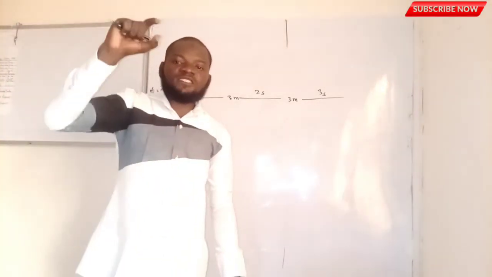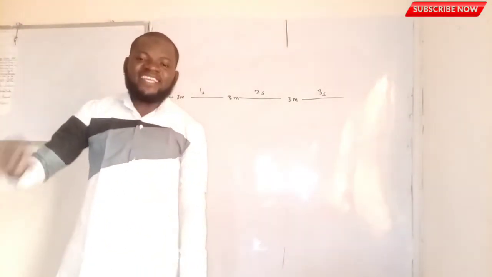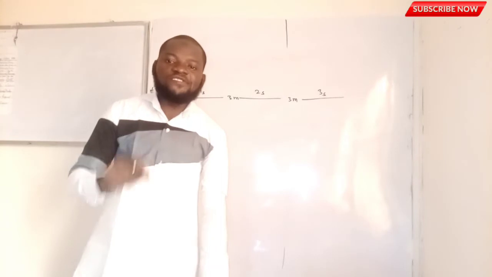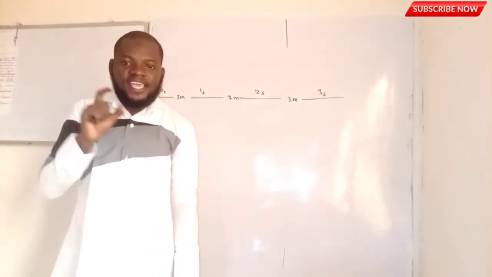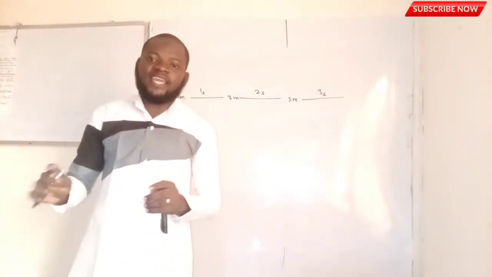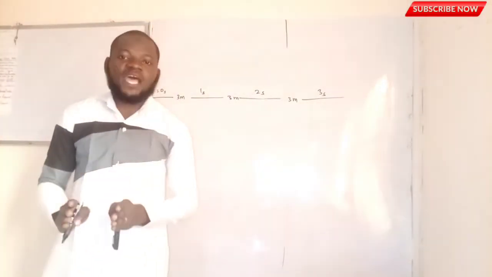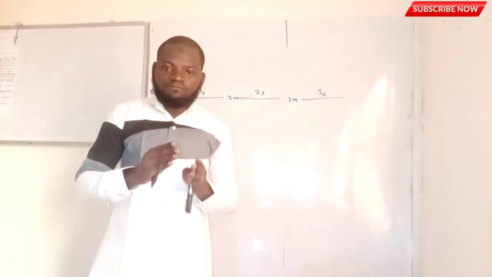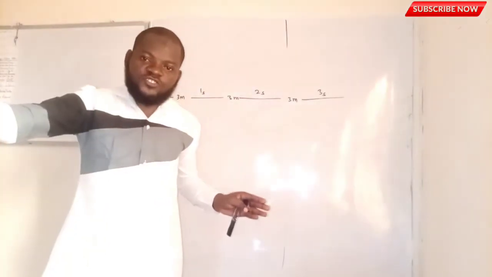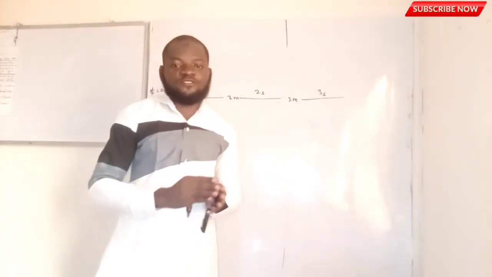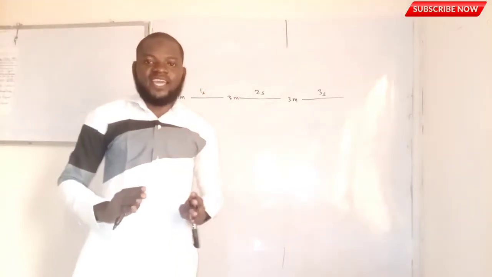And a uniform speed on a straight line is equivalent to a uniform velocity. Take note of that, because distance on a straight line is equivalent to displacement on a straight line.